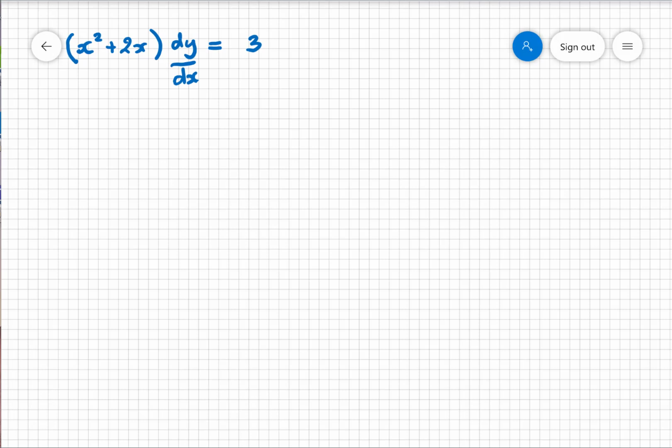In this example, where we're solving x squared plus 2x dy by dx equals 3, we're going to begin by moving that bracket across to the other side. So dy by dx is equal to 3 over x squared plus 2x.